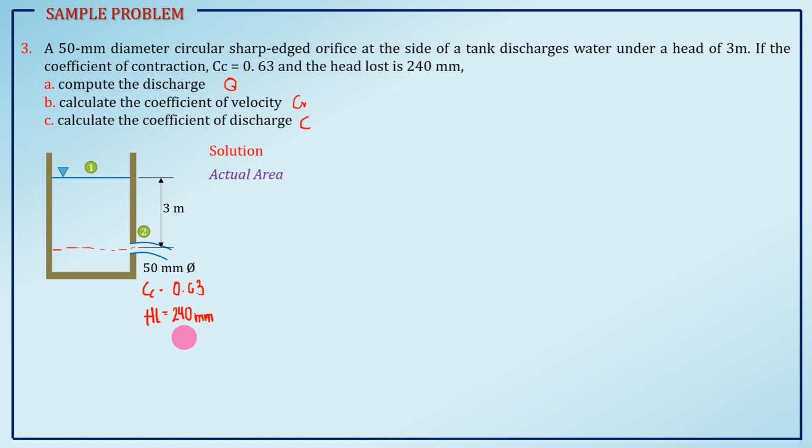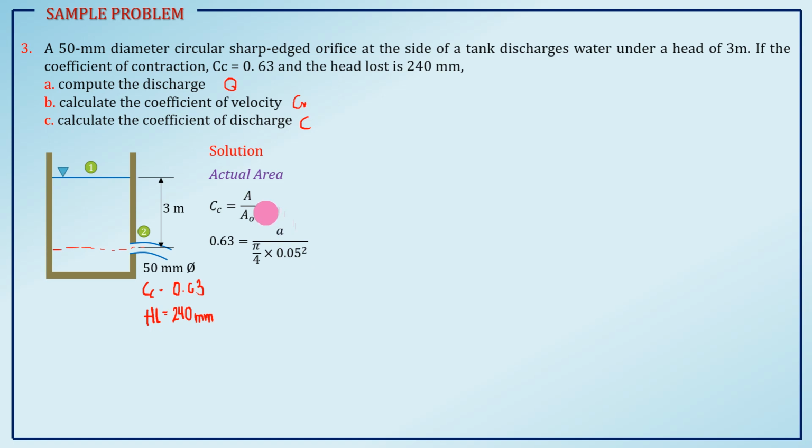The actual area can be solved from the given CC and the given diameter of the orifice. CC is equal to the area of the jet, the area of the vena contracta, divided by the area of the opening or orifice. So, we have 0.63 for CC and the area of the orifice is pi over 4 times 50 over 1,000 squared, or 0.05 squared.